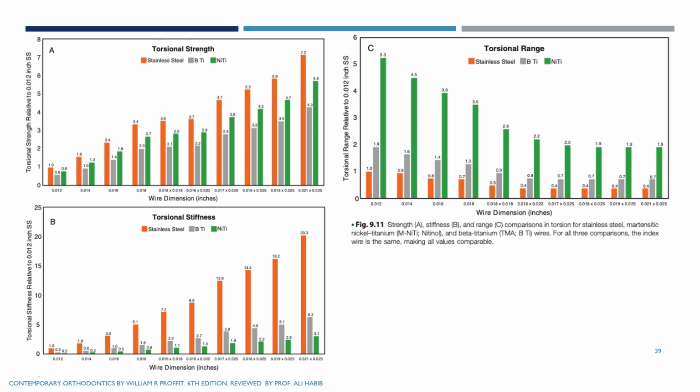Here we compare the torsional strength, range, and stiffness of the three wires at different diameters. As you can see, it's as the example explained in the book.